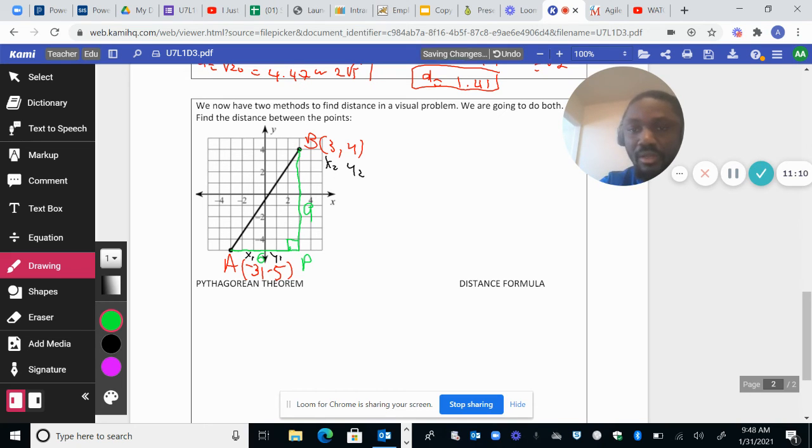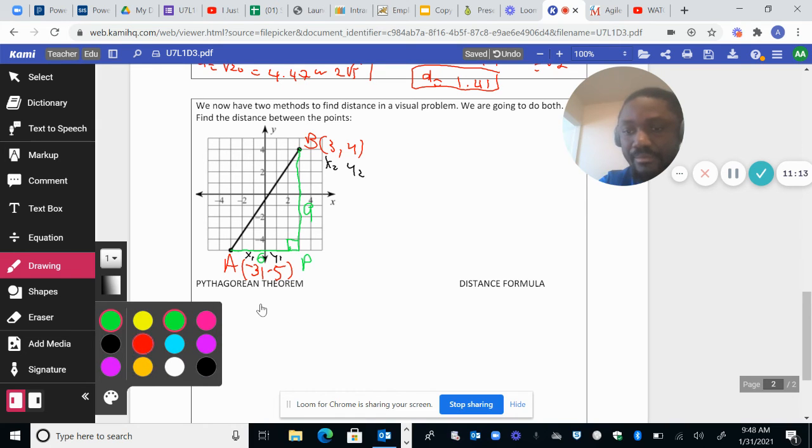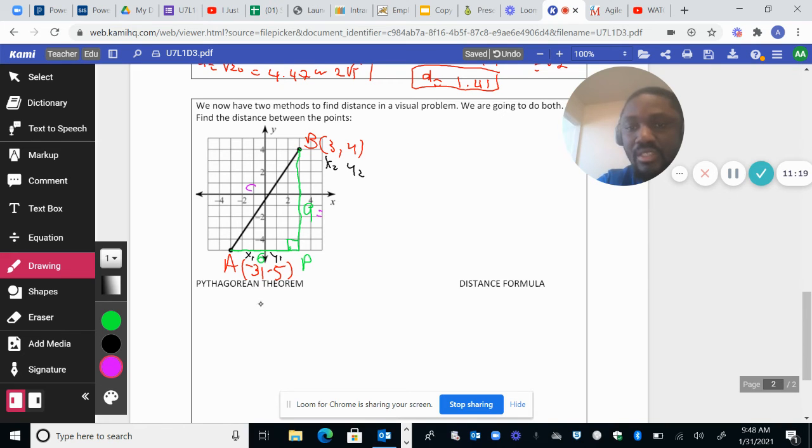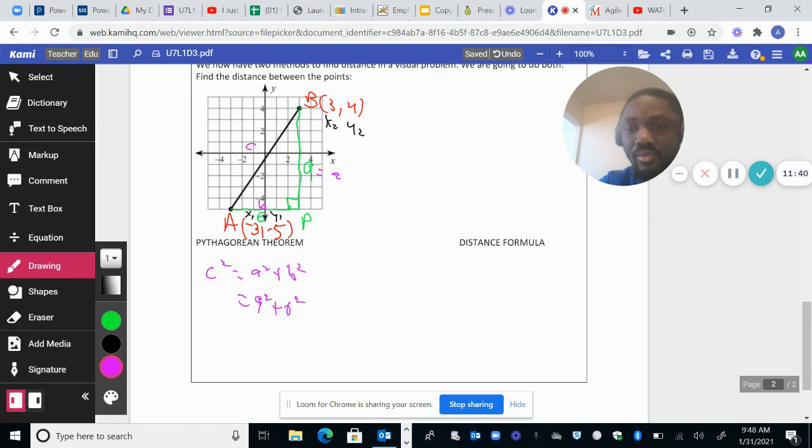By the Pythagorean rule, since AB is the longest side, I might call it C, and call the other sides A and B. So C squared equals A squared plus B squared. My A is 9, which is BP, so take 9 squared, plus my B squared, where B is 6, so 6 squared. 9 squared is 81, 6 times 6 is 36, and when you sum them up, they give 117.